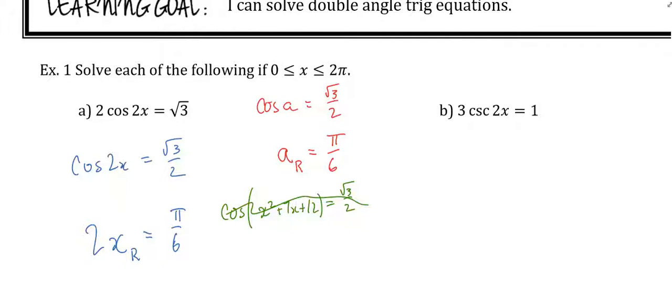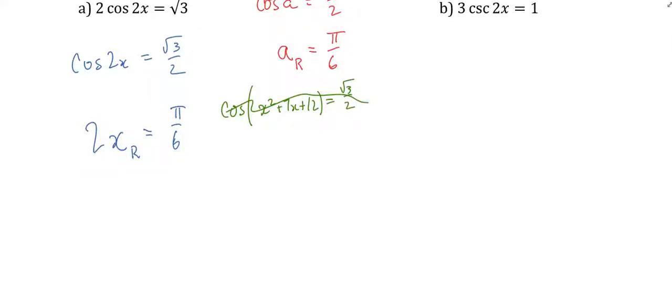And then I use that idea to find my actual answers. And what would those answers be? In quadrant 1, it would be pi by 6. And in quadrant 4, it would be 11 pi by 6. So we still do the same thing, but we're not talking about x. We're talking about 2x. So 2x is pi by 6, and 2x is 11 pi by 6.